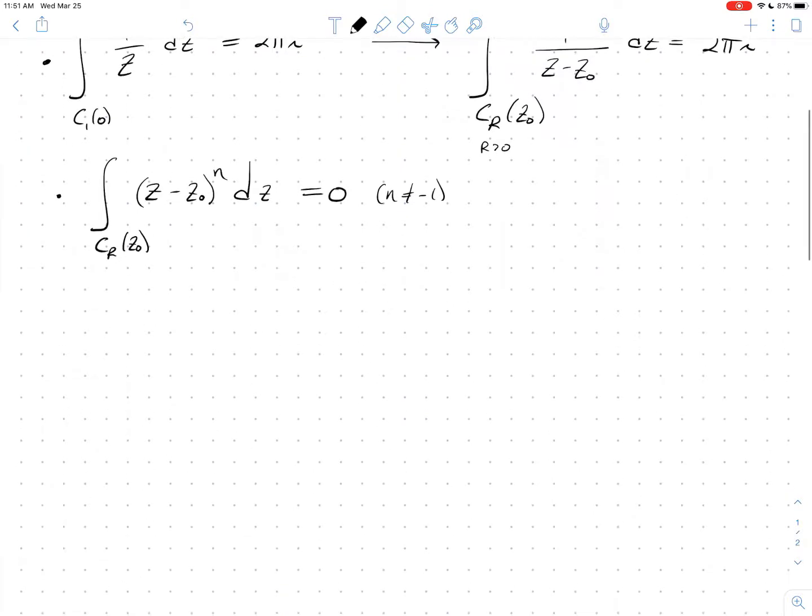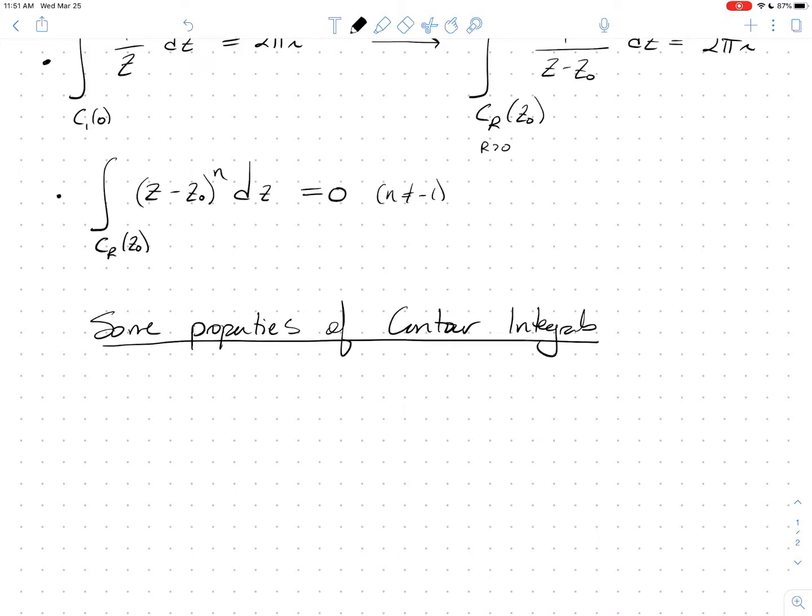So let me write this down for you. Some properties of contour integrals. All right, so the first property is very intuitive.